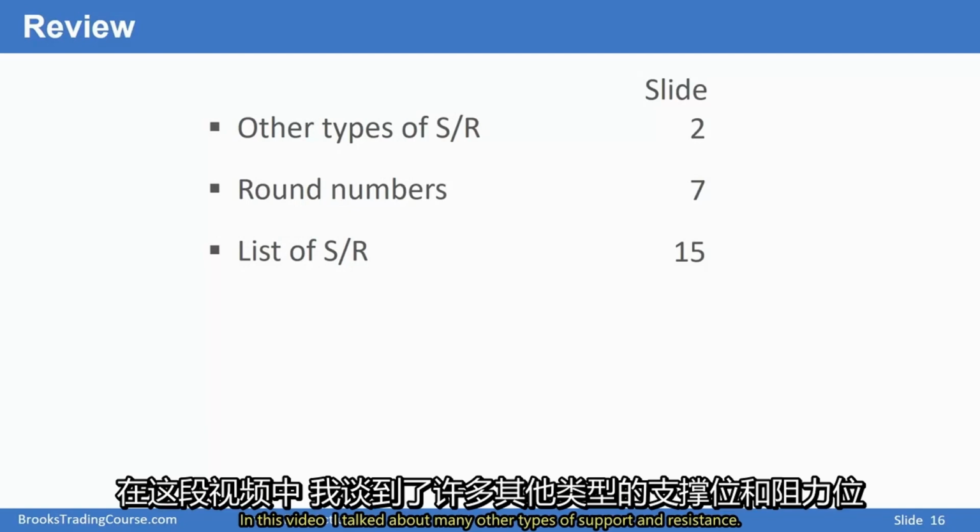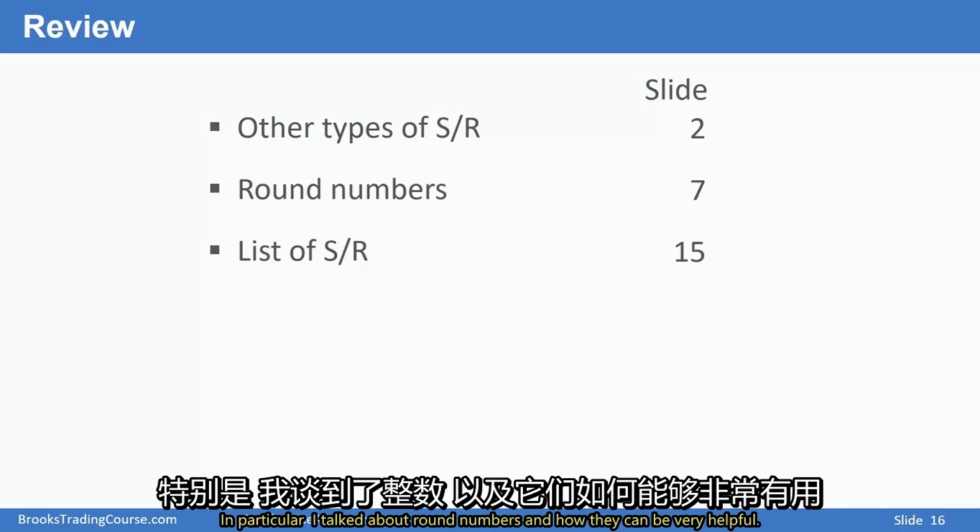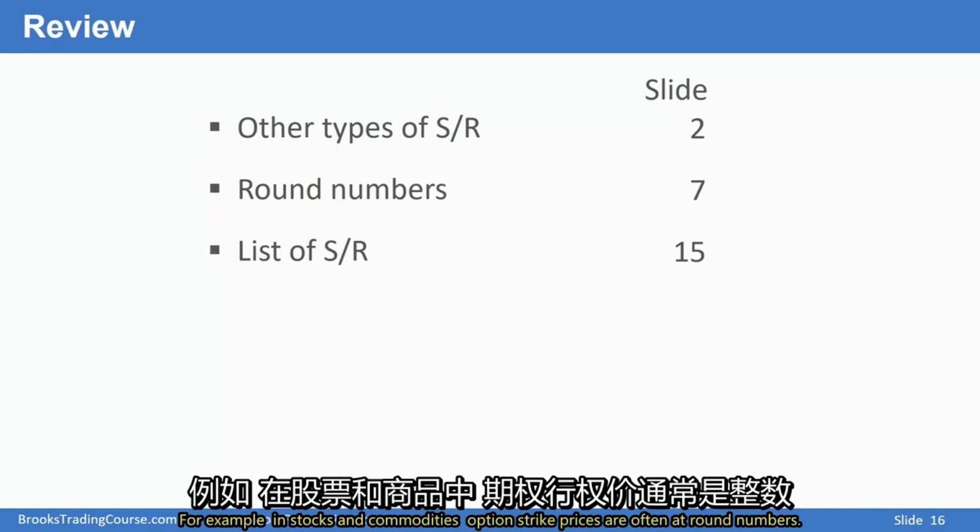In this video, I talked about many other types of support and resistance. In particular, I talked about round numbers and how they can be very helpful. For example, in stocks and commodities, option strike prices are often at round numbers.